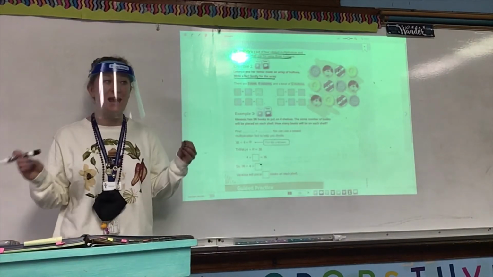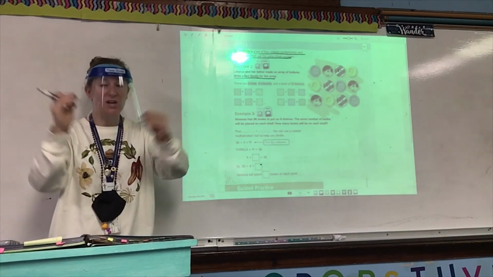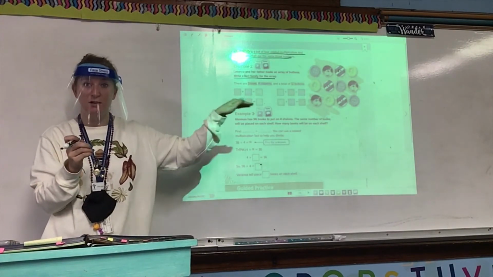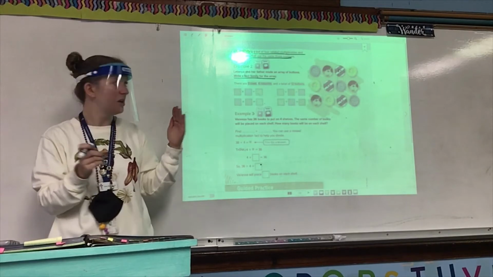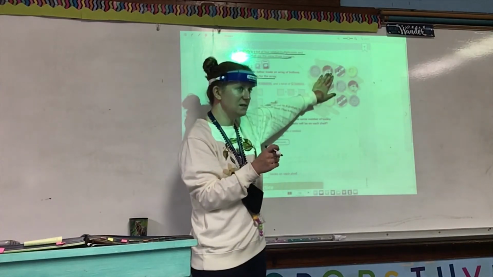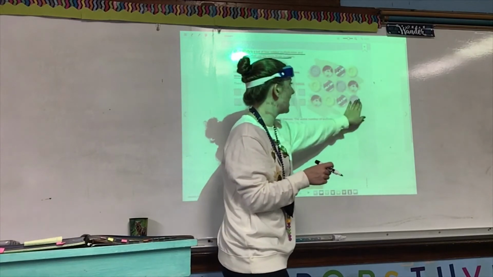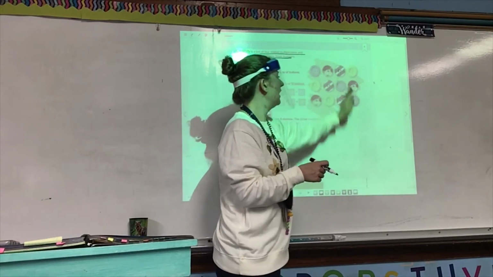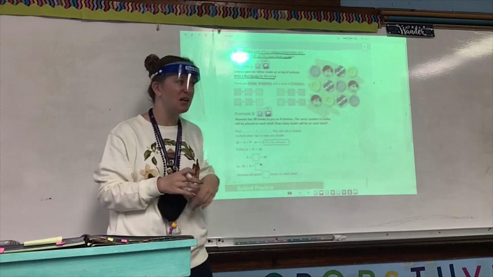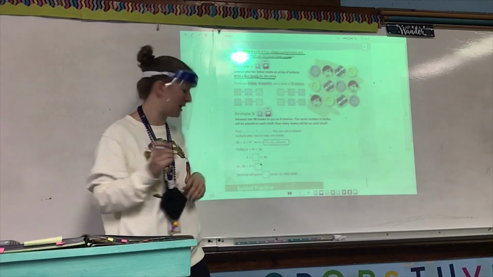Remember, an array is items that are arranged in rows and columns. So here we have our buttons. That's our item. They are arranged in rows, side to side, and columns, up and down. So first we need to figure out, okay, how many rows and how many columns?